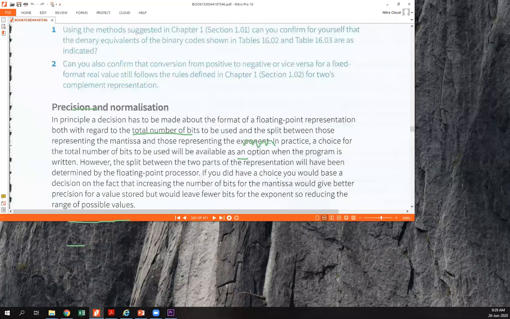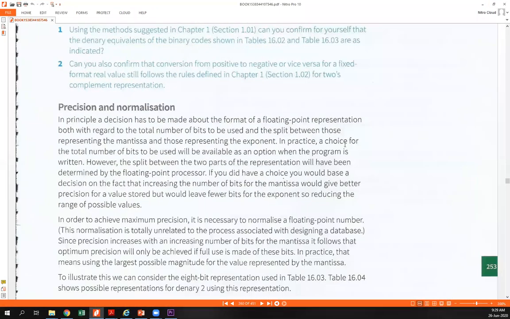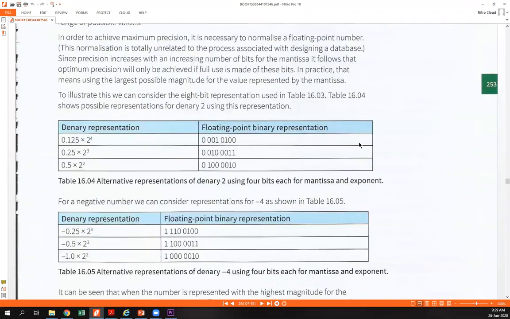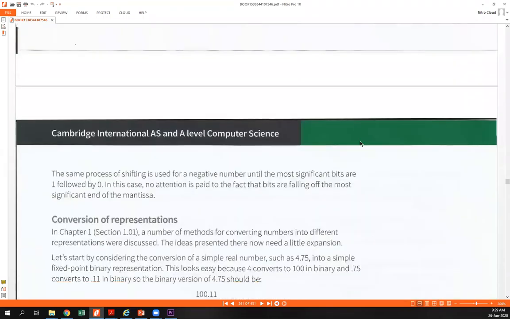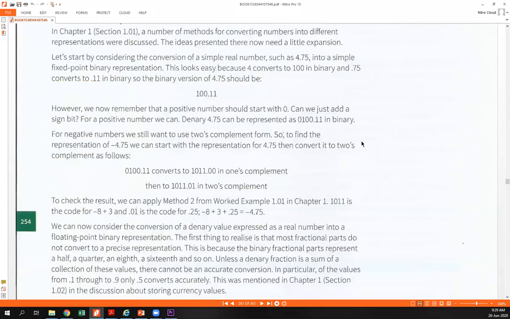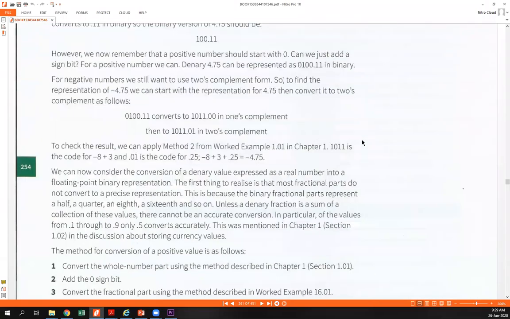Now, concluding this, I would suggest that you go through all this material starting from page number 253 of your books. This is the interconversion of the representation.